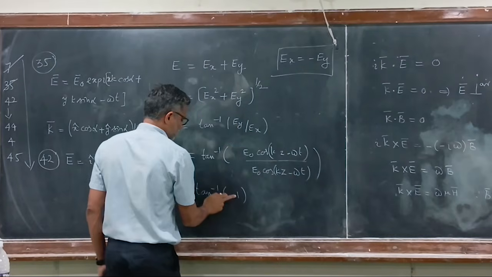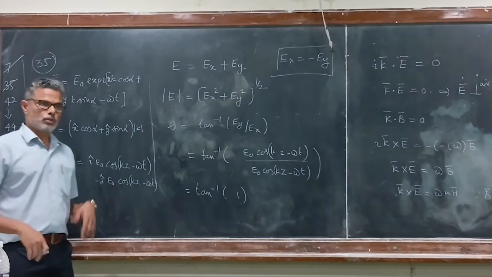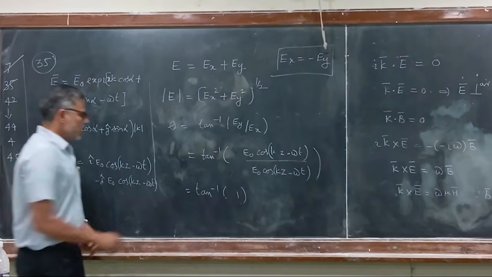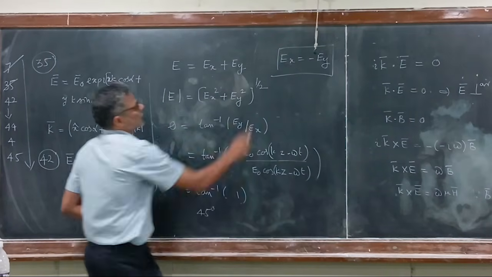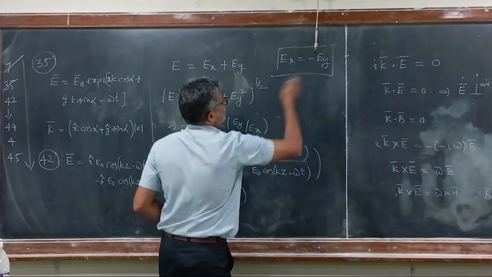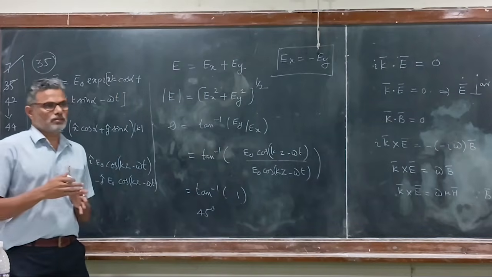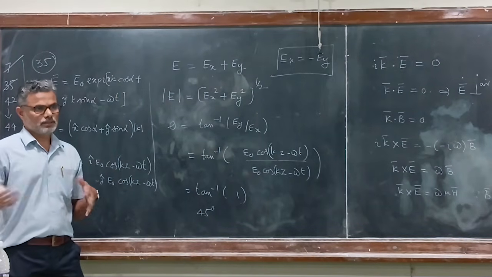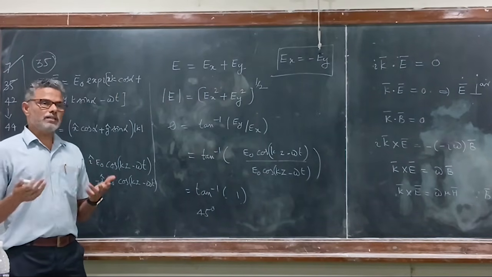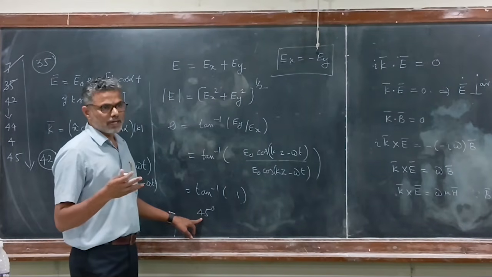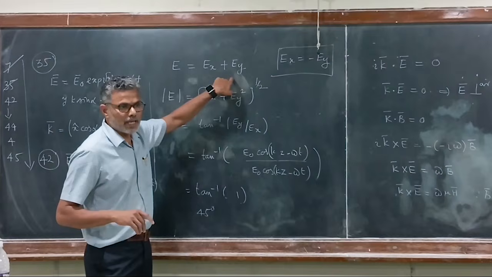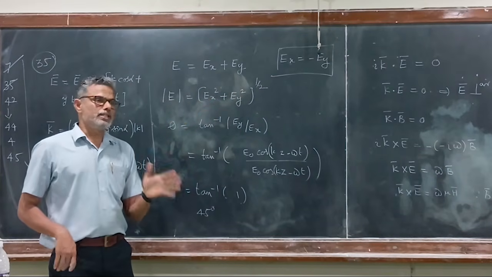And then if I put tan inverse of 1, it's going to be 45 degrees. So the angle is 45 degrees. Because Ex equals minus Ey, the phase difference will be 180. And still, if the angle is 45 degrees and the amplitudes are the same, then it can be only a linear polarization.